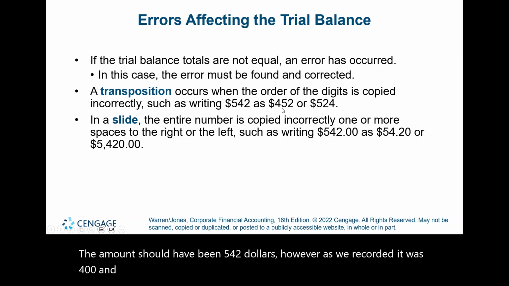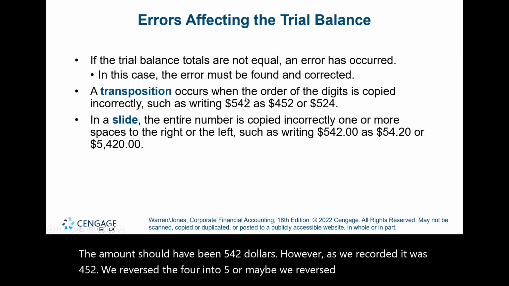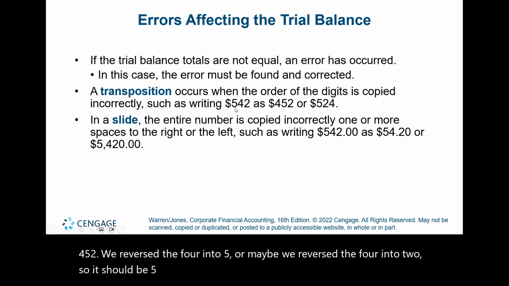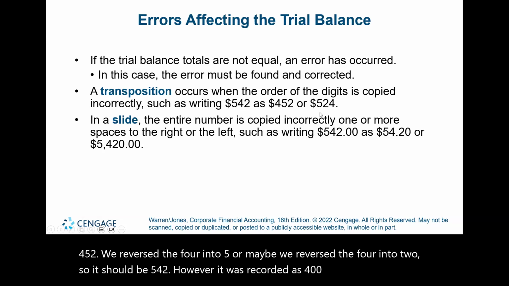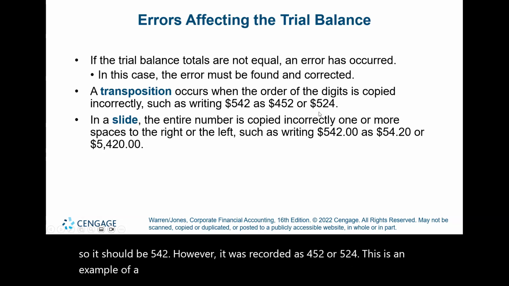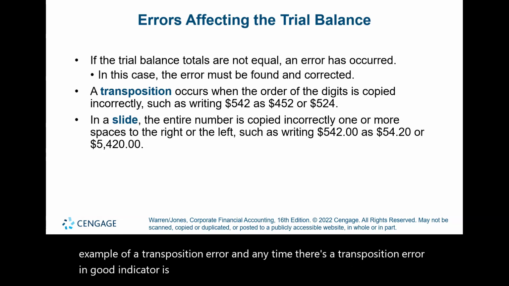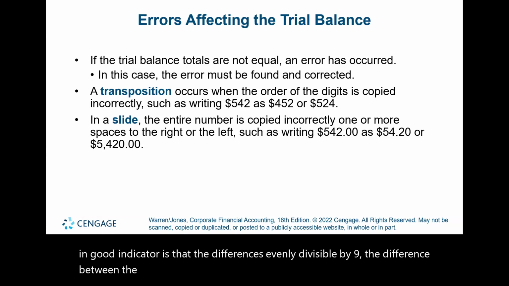We reversed the 4 and the 5, or maybe we reversed the 4 and the 2. So it should be $542. However, it was recorded as 452 or 524. This is an example of a transposition error. And anytime there's a transposition error, a good indicator is that the difference between the debit and credit column is evenly divisible by 9.